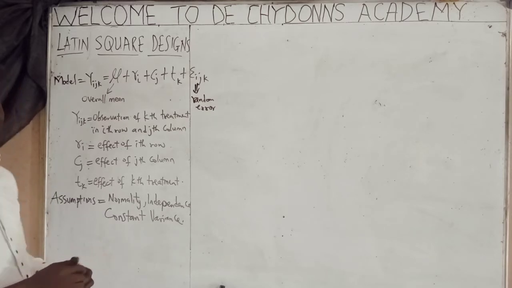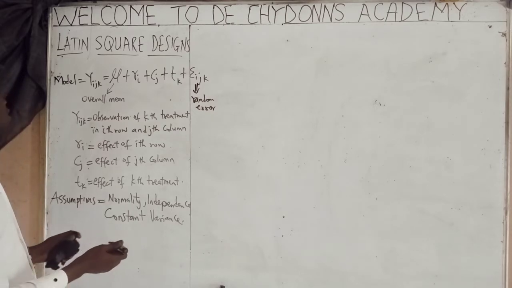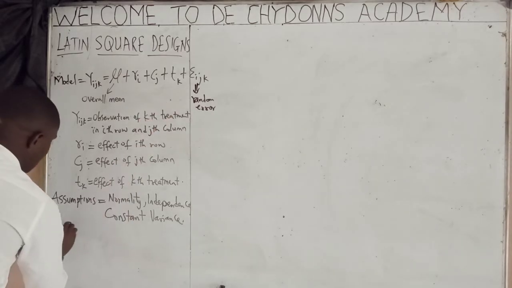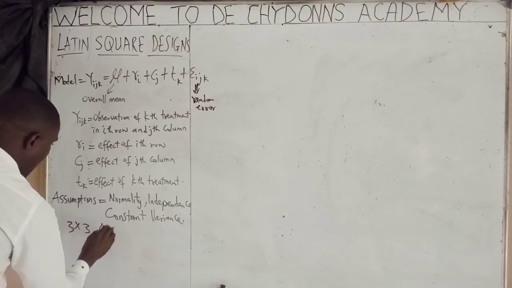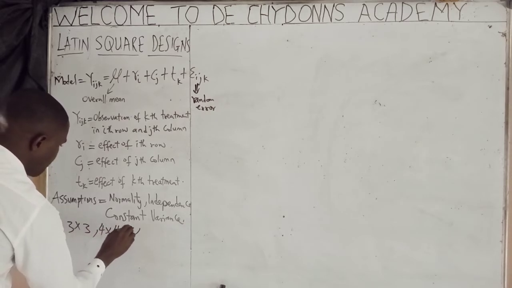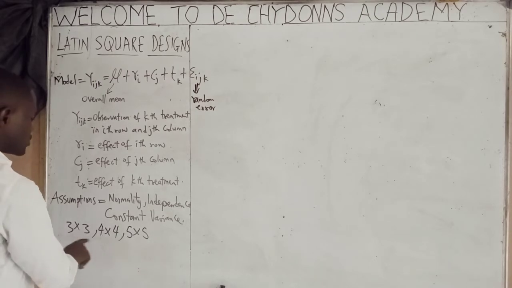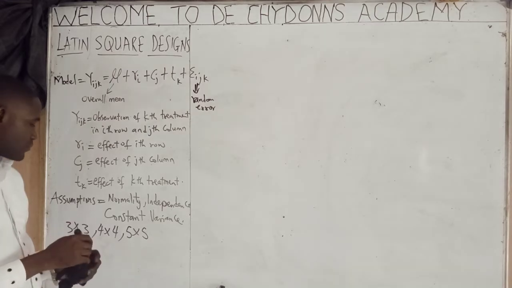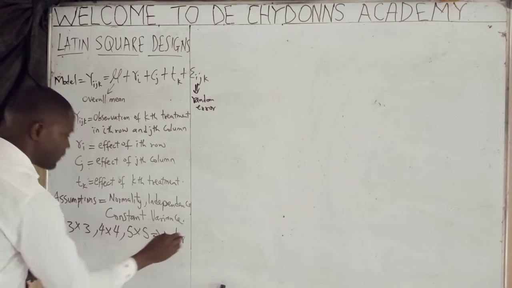As you know, in matrix, how do we write order or dimension? Examples of the order we have are 3 by 3, 4 by 4, 5 by 5. Just write it this way, don't multiply it out. Then that is about the order of Latin square design.